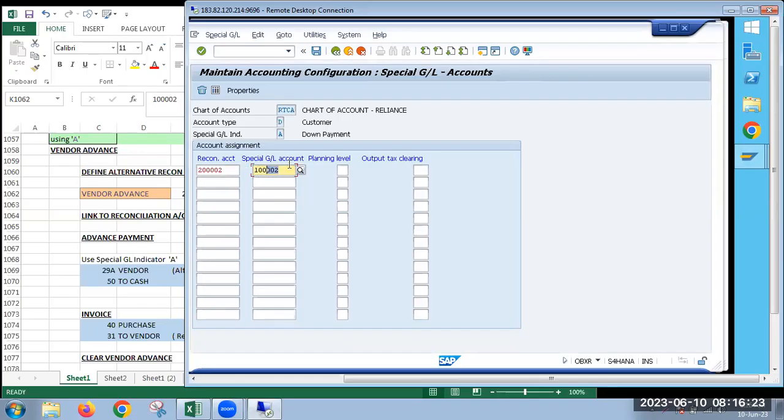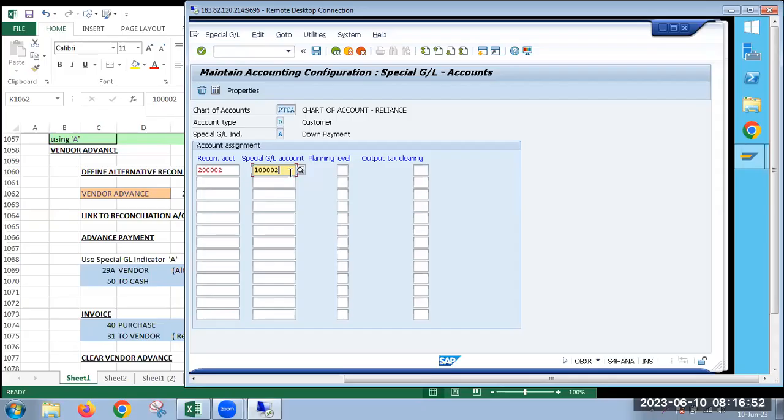What I was just about to say is, this is general practice: we assign a lot of GLs for automatic posting in different scenarios. It's one of the scenarios; 2 GLs we have assigned here, and the 2 are different scenarios. One is for normal transactions and another one for advance transactions.